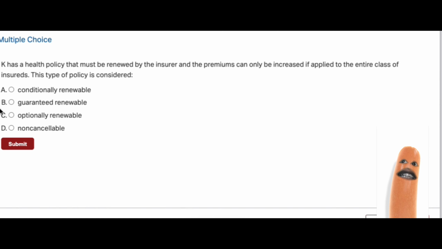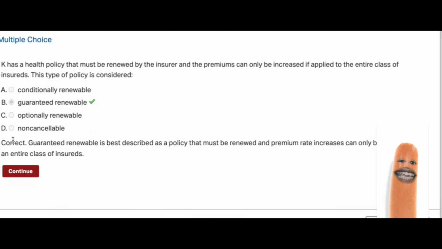Or D, non-cancelable. See, when it says renewed by the insurer and the premiums only can be increased for the entire class, that's guaranteed, baby. That's guaranteed renewable. B, Bob. Ding! Correct. Guaranteed renewable is best described as a policy that must be renewed and premium rate increases can only be applied for an entire class of insured. That's right.